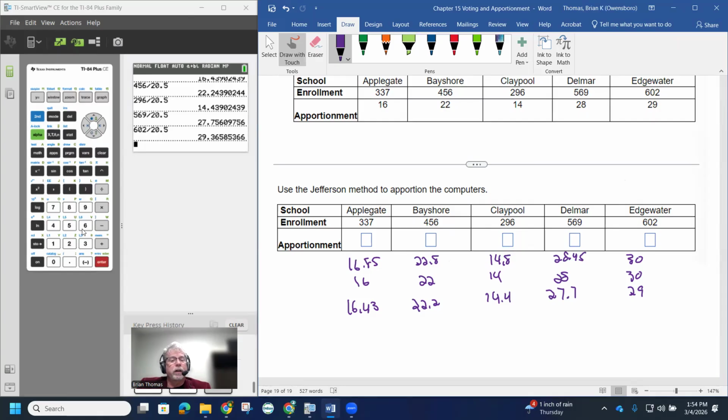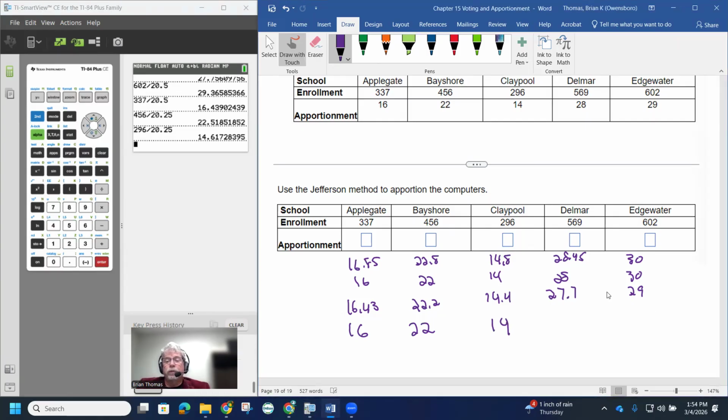I'm going to use 20.25 this time. 337 divided by 20.25, that still didn't change, 16 still. 456 divided by 20.25 shouldn't change. 22.5 is still 22. 296 divided by 20.25, 14, that stayed okay.